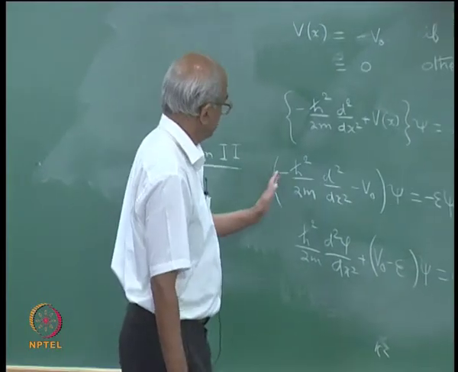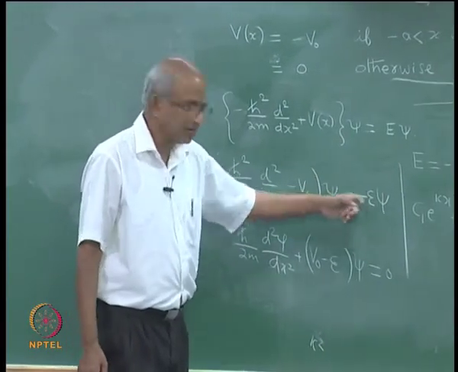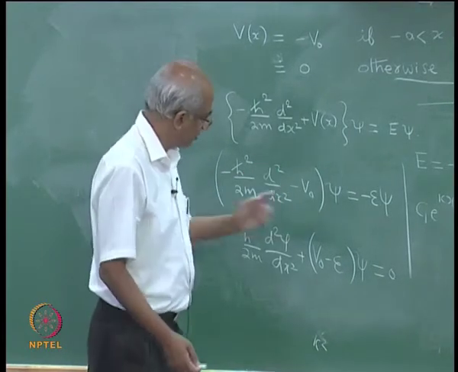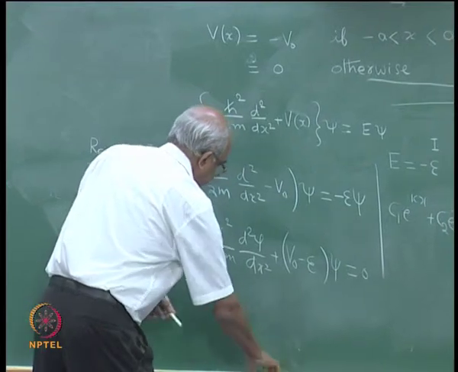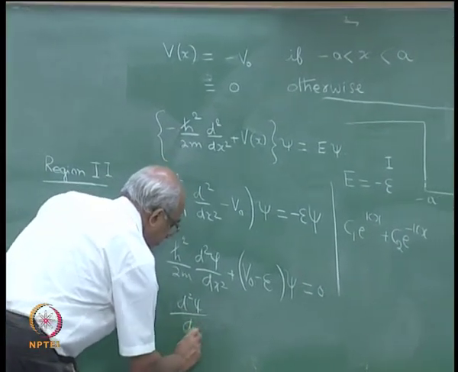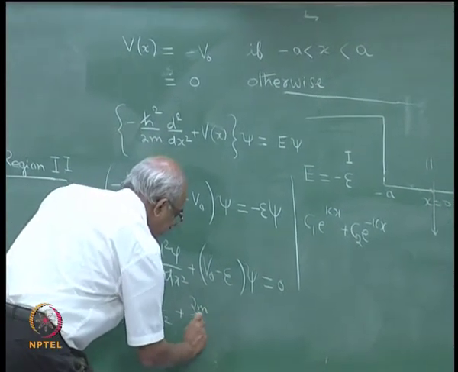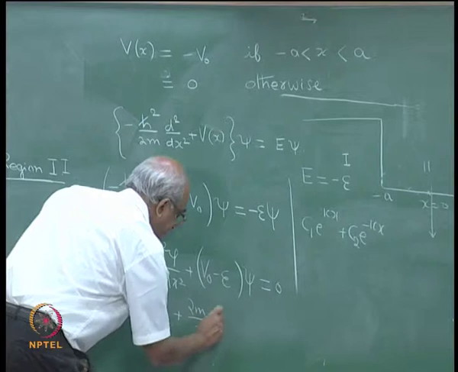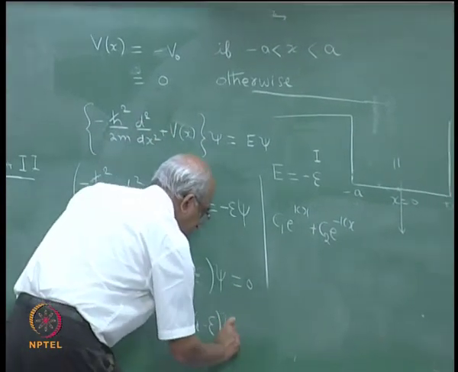I mean, you just multiply throughout by minus sign and then take this term to the left hand side, you are going to get this equation. Or if you like, you can rearrange and write this as d square psi by dx square plus 2 m by h cross square into V 0 minus epsilon psi is equal to 0.